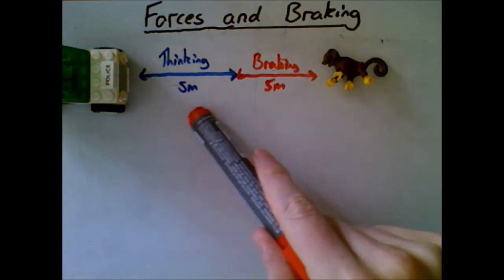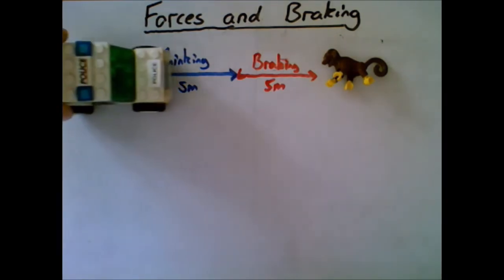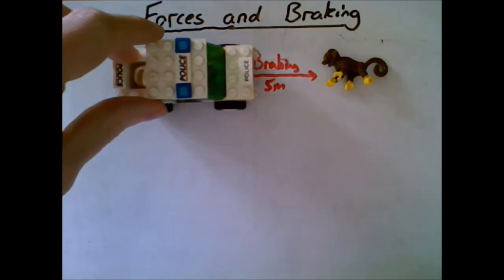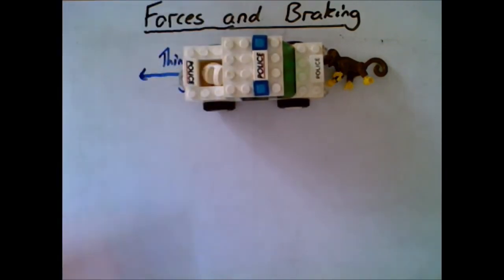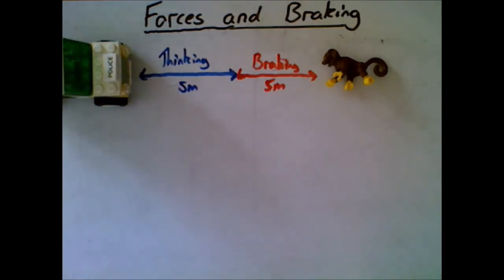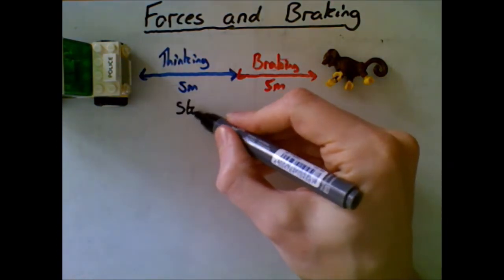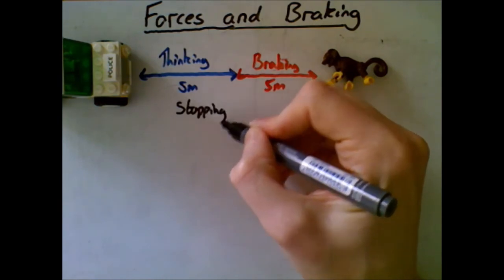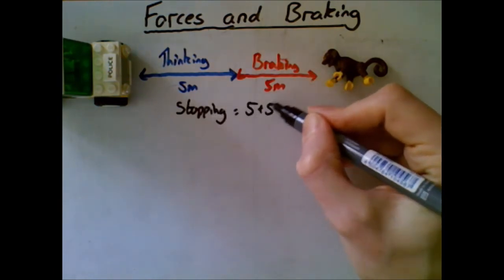It's got its thinking distance of 5 metres, so that's while the driver is reacting. Then it's got its braking distance, and it stops just in time to avoid hitting the monkey. Now the question says, if he'd been travelling 3 times as quickly, what would his total stopping distance be? So here, look, the total stopping distance would obviously be 5 plus 5, which is 10 metres.